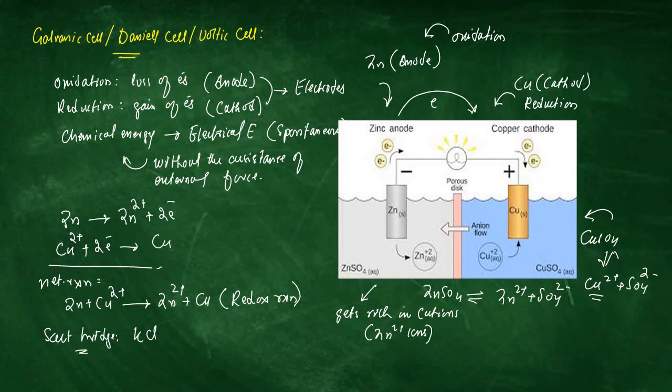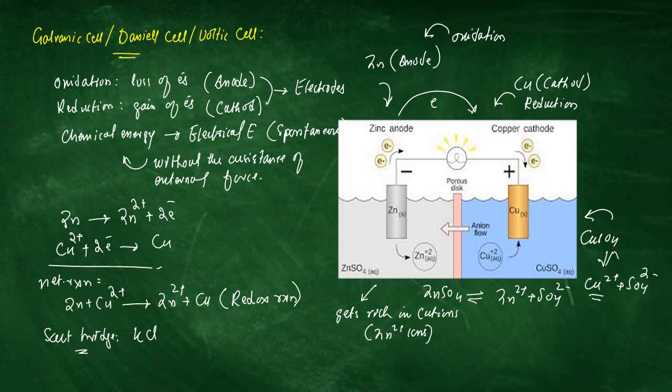So this is a simple demonstration of a galvanic cell in which the zinc anode loses electrons that pass through a wire and move toward the cathode. And this movement of electrons ultimately generates electricity.